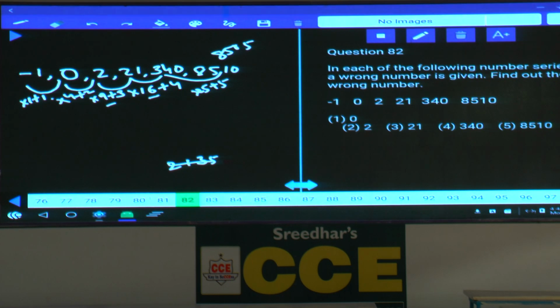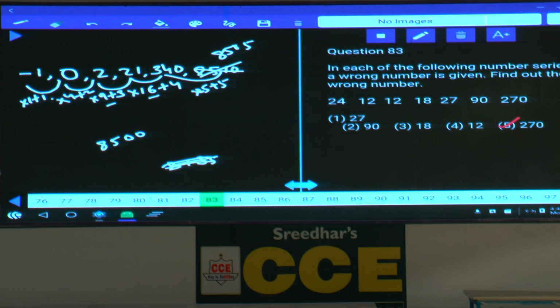Now tell me what is the wrong number here? 8510 is the wrong number, because 340 into 25, if you divide this by 4, how many times? 4 8 is 32 and 20 is left over, and 4 5, that means 850. 340 into 25 is 8500, plus 5 will be 8505. And choice 5, 8510, choice 5 is the wrong number. The correct number is 8505 and the wrong number is 8510, and so that is the wrong number.